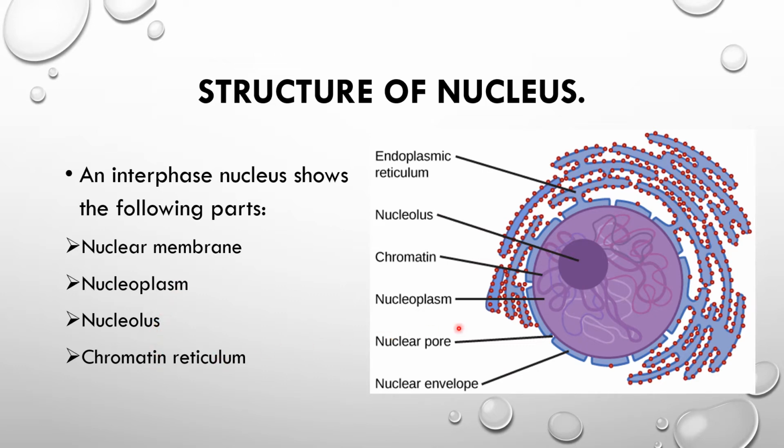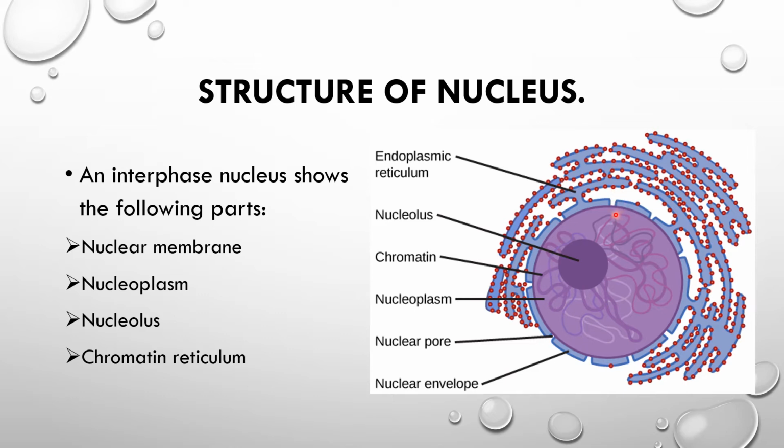In this image you can see this is your outer membrane. This is called the nuclear membrane. You can see that it is a double membrane, outer and inner, and in between there is a space called the perinuclear space. The outer membrane is studded with red dot-like structures known as ribosomes, along with a network known as the endoplasmic reticulum.